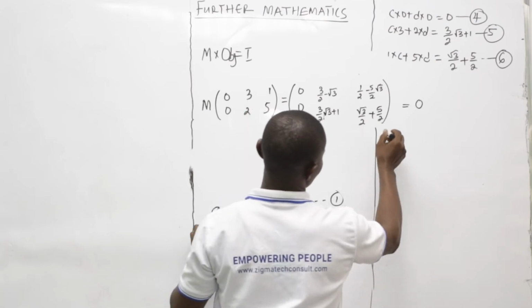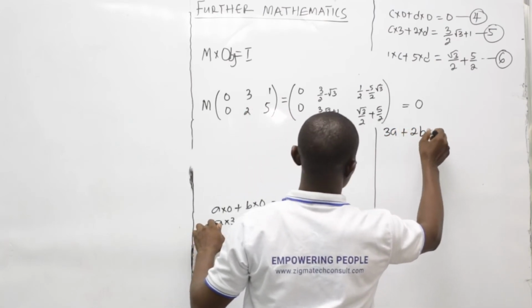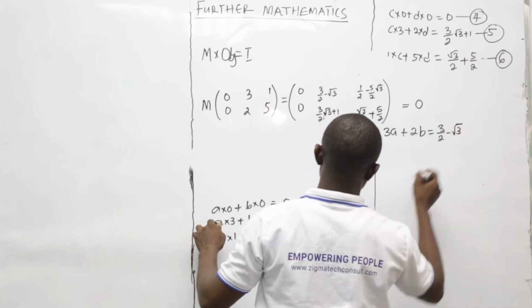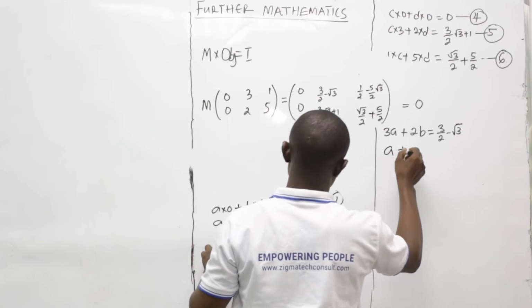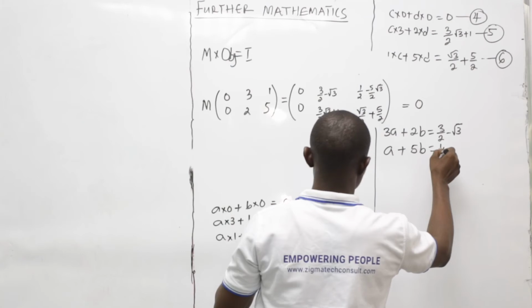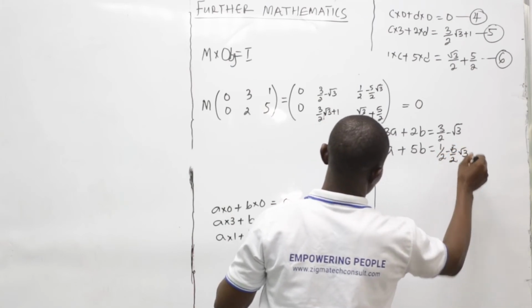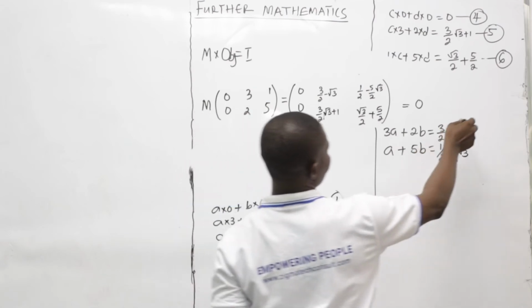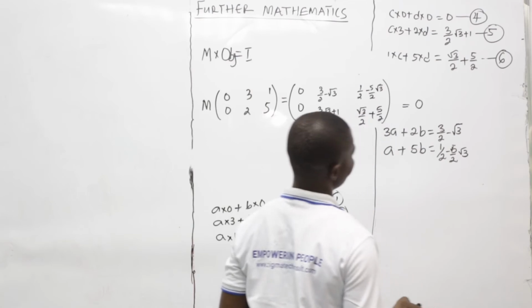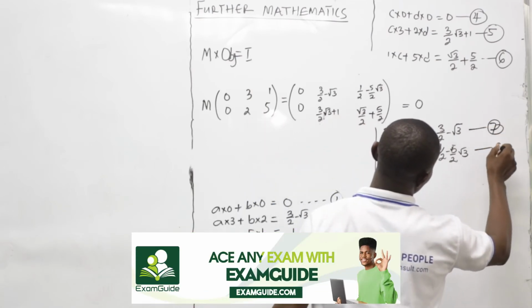For equation 2, 3A plus 2B equals 3 all over 2 minus root 3. A plus 5B equals 1 all over 2 minus 5 all over 2 root 3. Considering these equations separately, we can get the values of A and B by solving simultaneously. Call this equation 7, call this equation 8.